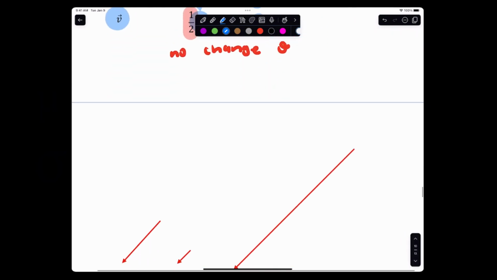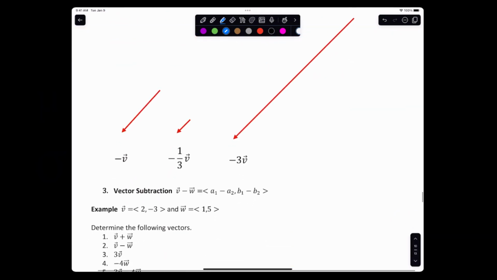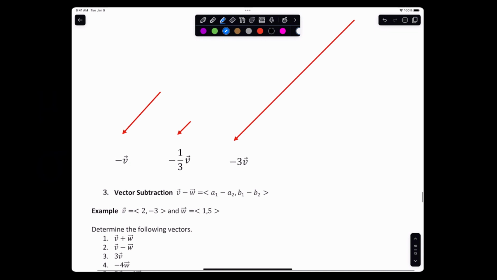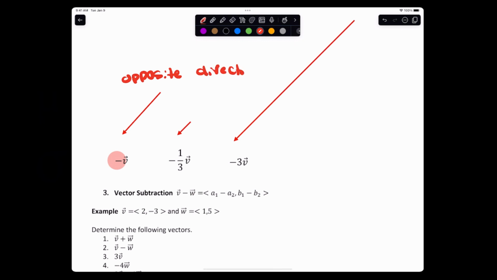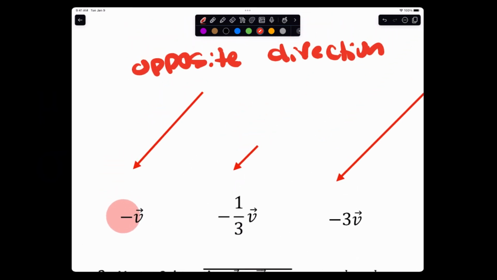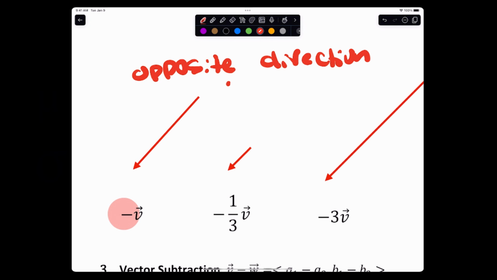And then over here, you say, well, what about negative values? Negative values, like -1 here, has the effect of simply what? Changing the direction of the vector. The magnitude is the same, but this is now in what we say the opposite direction. Opposite direction with that negative value means it's 180 degrees opposite.